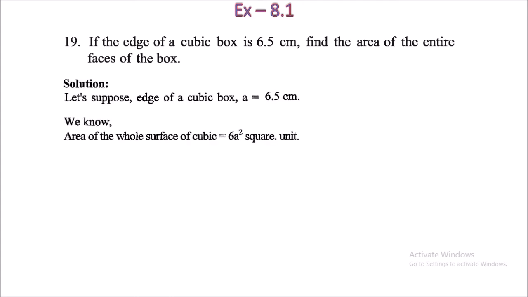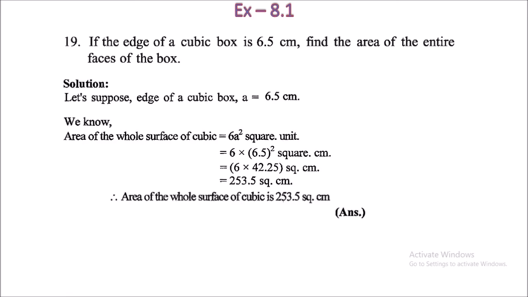We know the area of the whole surface of the cube is 6a square unit. So if you use the length a equal to 6.5 centimeter, you will get 6 into 42.25 square centimeter, that is 253.5 square centimeter. So the whole area of the cubic surface is this one. So I think you understand.